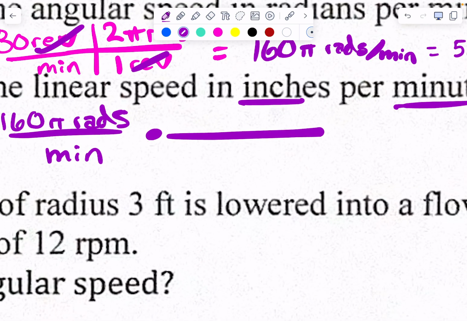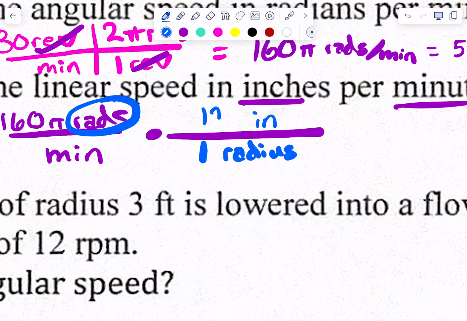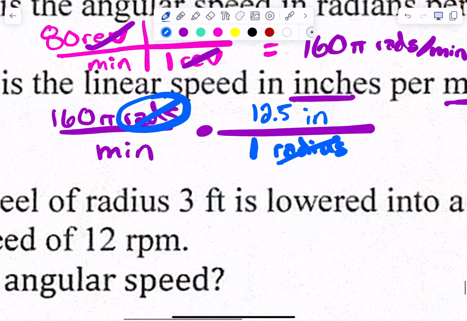So I need to swap out the radians for inches. 1 radius, which is the same thing as a radian, is how many inches? 12.5, right? So radius cancels with radius, and it is the same thing as taking the angular speed times the radius, and that gives me the linear speed.